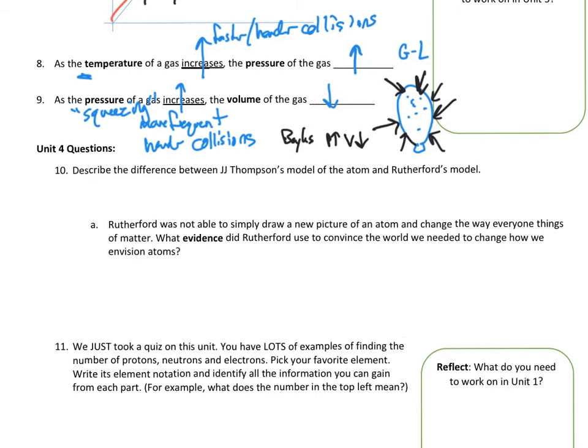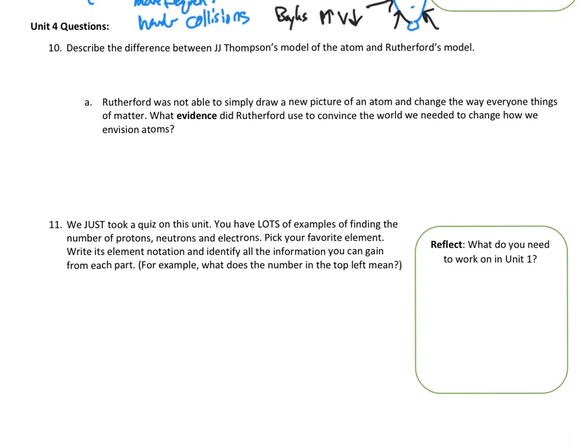All right, moving on to the most recent stuff. It says, describe the difference between J.J. Thomson's model of the atom and Rutherford's. So J.J. Thomson, this was like the blueberry muffin or the chocolate chip cookie.